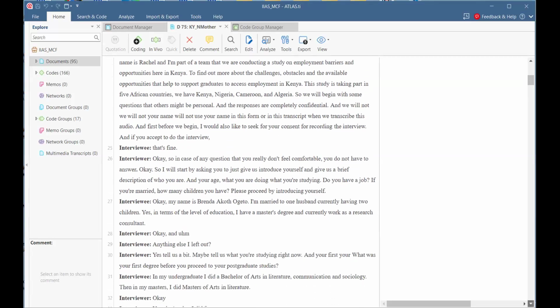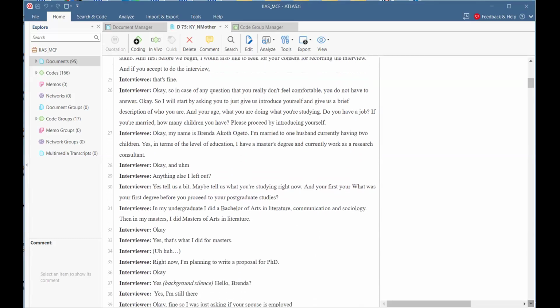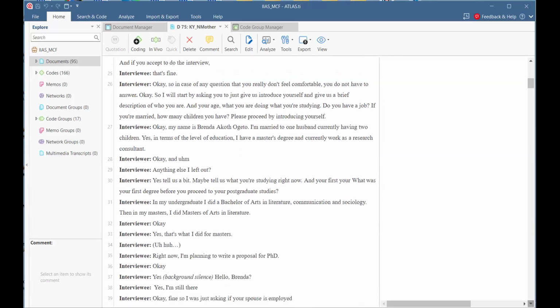Remember, we have a code book. So the code book would guide what you're looking for. If you sit down, remember you have 95 transcripts. Reading and rereading is not easy. Before you could get to the point where you say that this is not relevant, it's because you have read it.